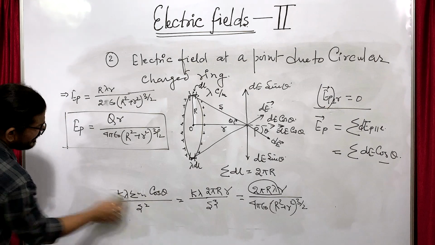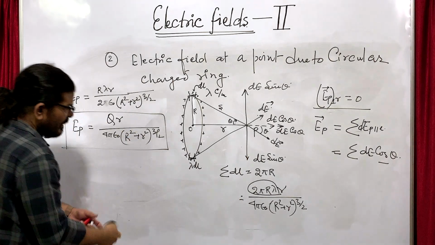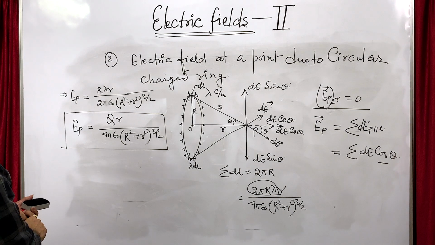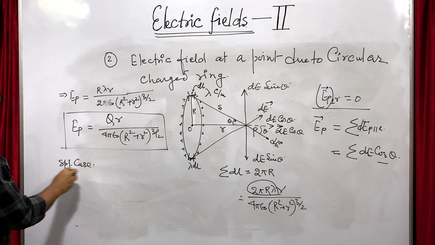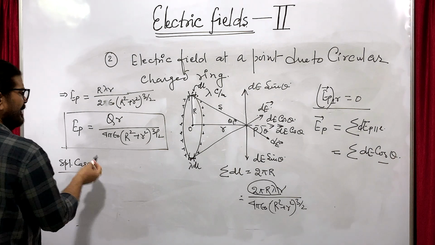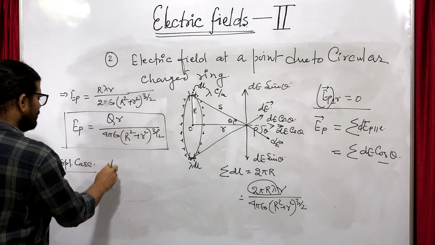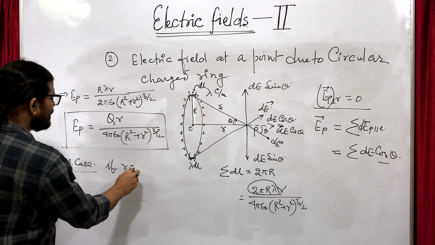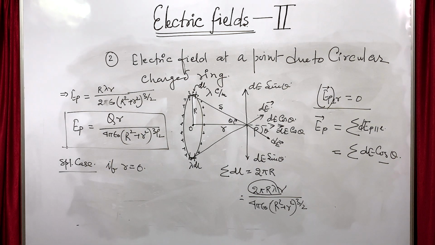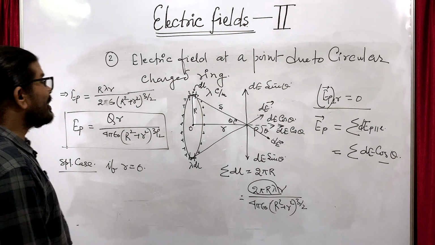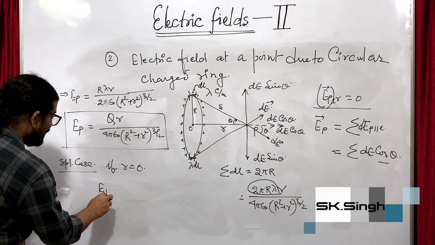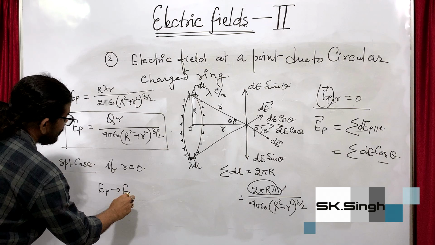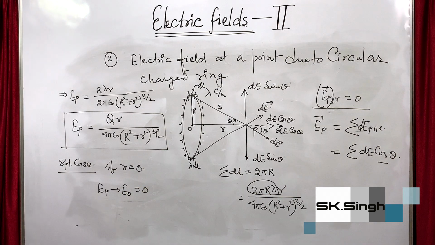Now see this. One special case I am taking here: suppose r is equal to 0. If r equals 0, then EP shifts to EO, and this will be equal to 0.